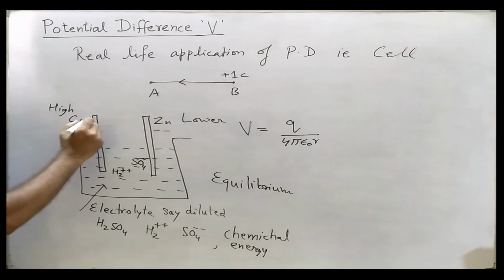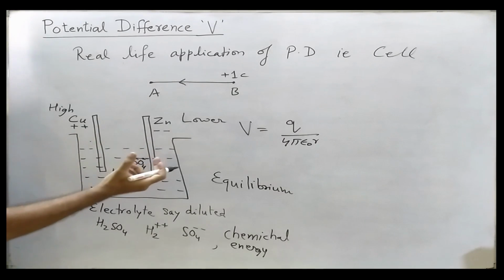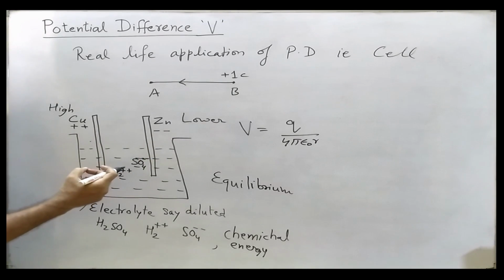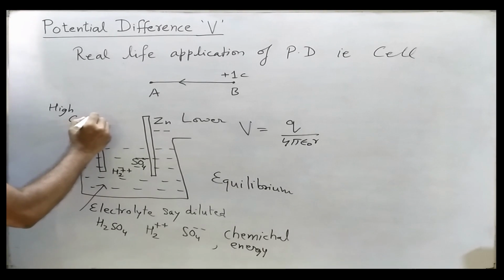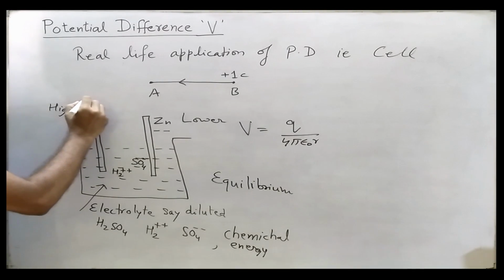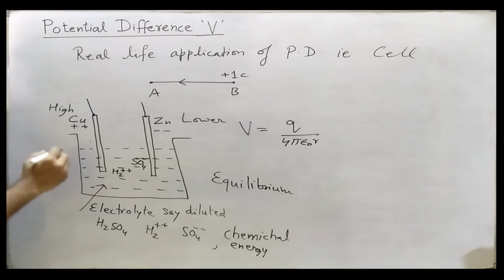Now we also know that positive and negative charges will attract each other. So why are they not getting attracted towards copper? Because the chemical reaction is working on holding these negative and positive charges on either rod. But if we connect any electrical conductor, we know conductors allow charges to flow.